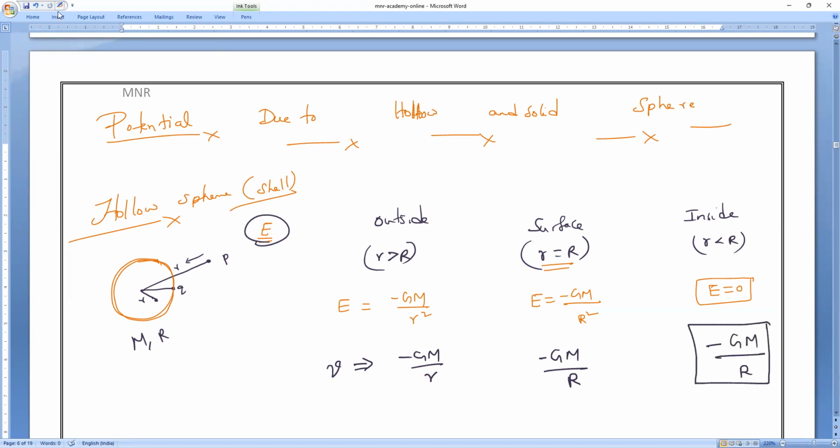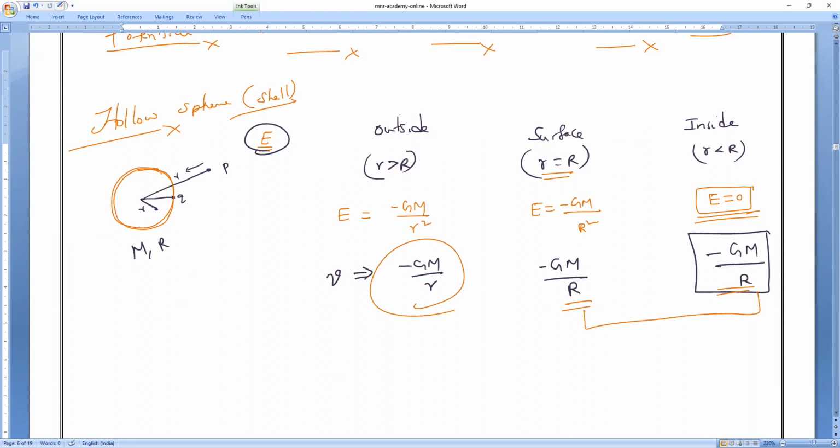Tomorrow we'll see the derivations. Don't worry. But you see, gravitational field inside a hollow sphere is 0, but gravitational potential is not 0. So from the surface to the inside, no change. Outside will change, but from the surface to the inside, everywhere the gravitational potential remains constant.